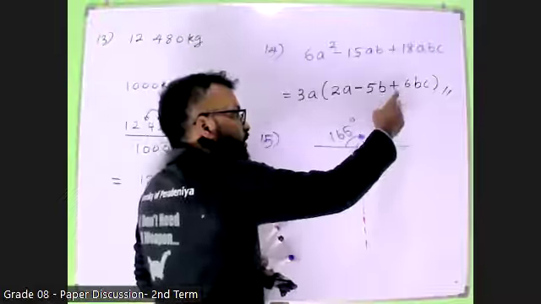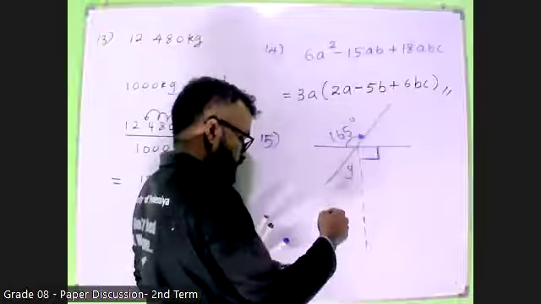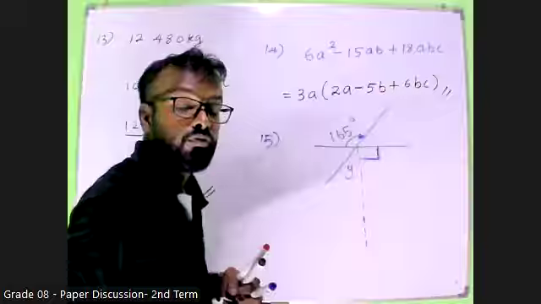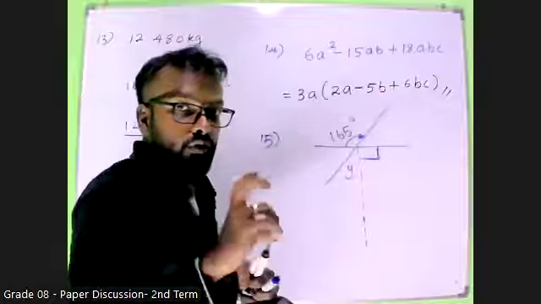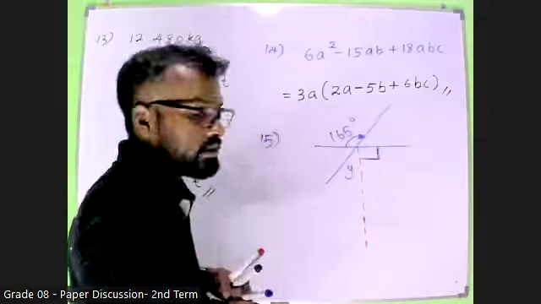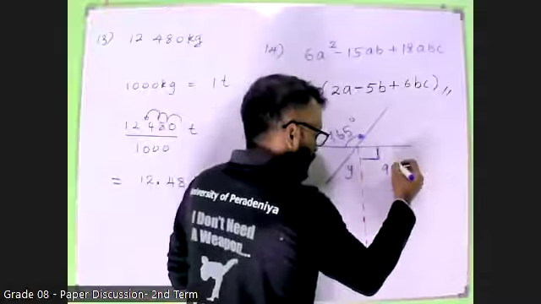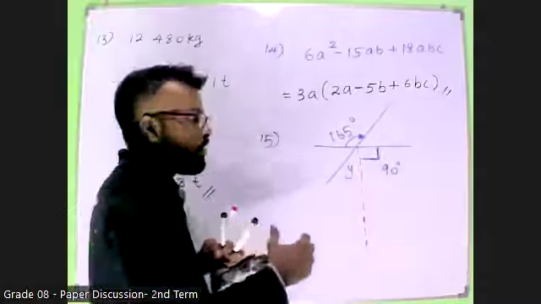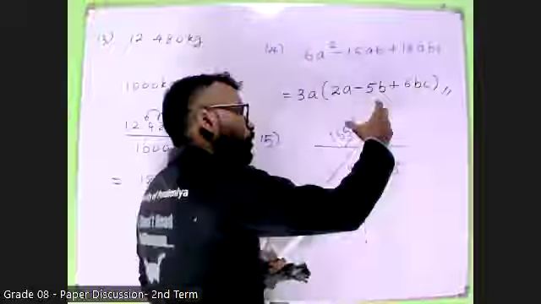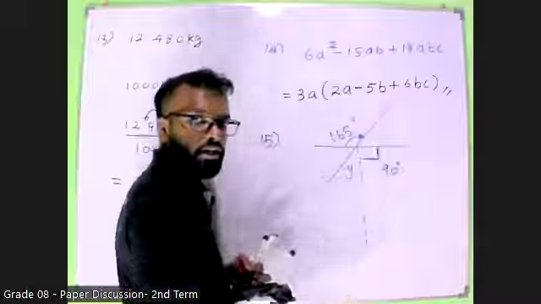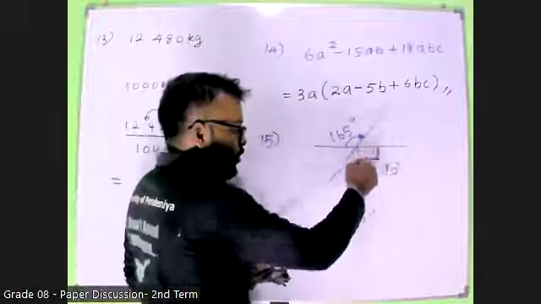So when you consider this straight line and this straight line, can you find vertically opposite angles? So this is basically 90 degrees. What is the vertically opposite angle for 165? It is this way, y plus 90. Y plus 90, this whole angle.